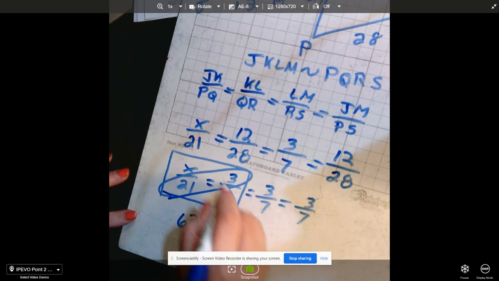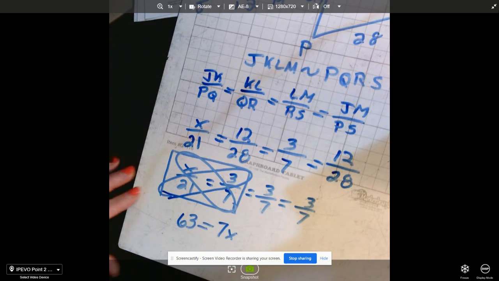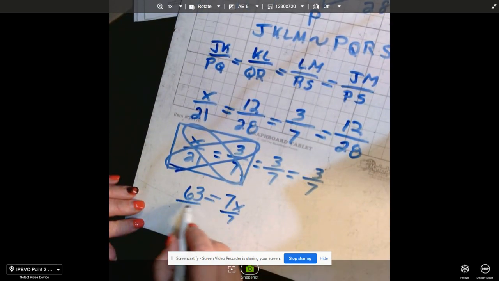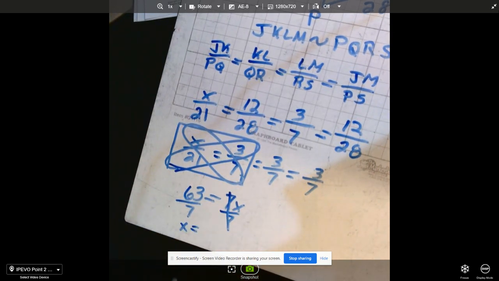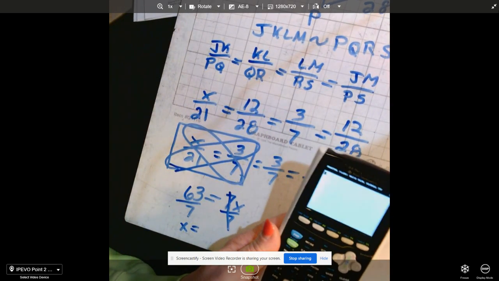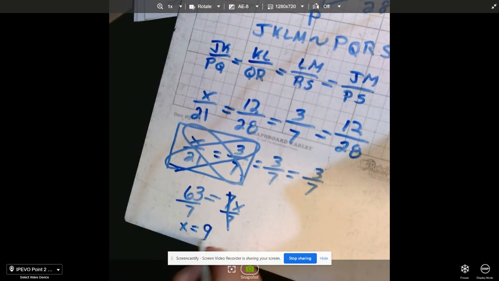And you're going to multiply these two together. 7 times x will give you 7x. In order to get x alone, you're going to divide both sides by 7. If you don't know off the top of your head what 63 divided by 7 is, go ahead and grab your calculator. 63 divided by 7 will give you 9. So now you have solved for x.